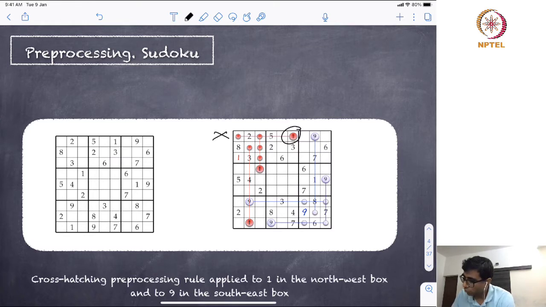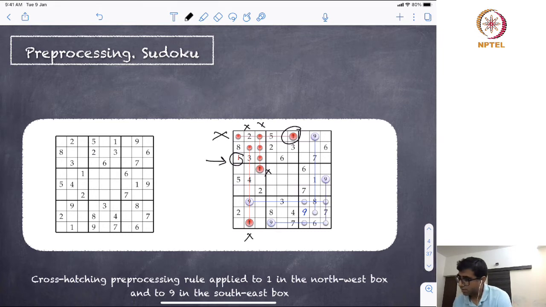Now 1 is present here, so 1 cannot be in this column. Now 1 is also present here, so 1 cannot be in this column. But we know that in this box we need to fill 1. So by applying some simple rule, we are able to determine that actually 1 needs to be here.